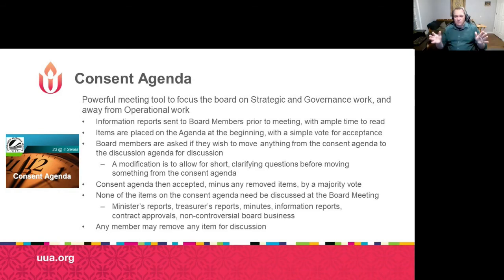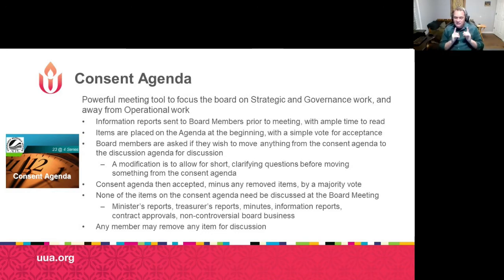Any board member requesting something be removed from the consent agenda has it removed at that request, and it goes into the agenda of the meeting so that that discussion can happen. But if no discussion is necessary, the board takes a vote and approves all of those things that take up so much time in board meetings.